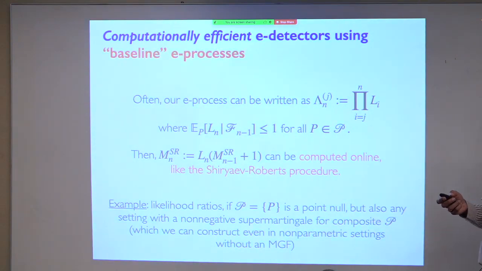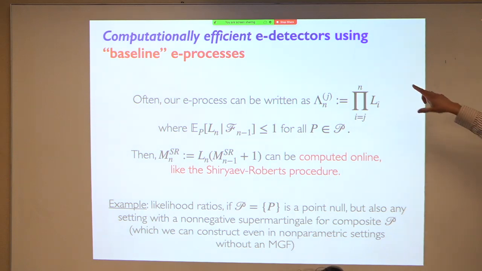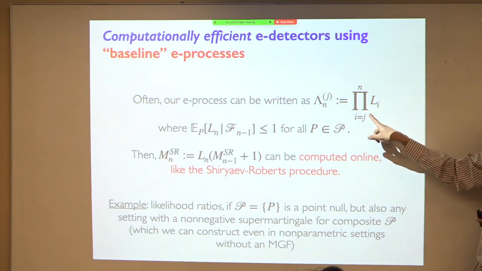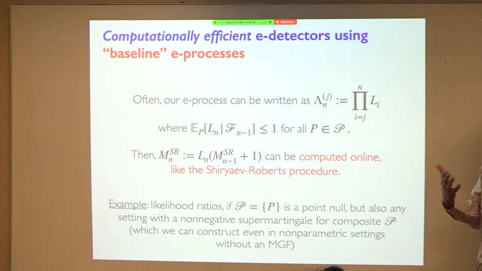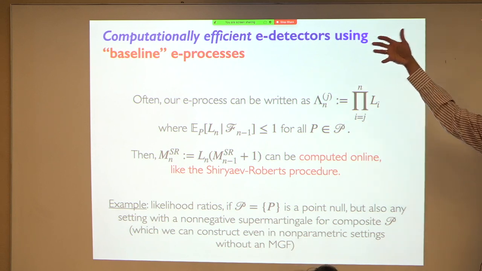It might seem like this e-detector computation is blowing up with t. That is because I'm starting a new e-process at every time t, so I have to track so many things over time. But there are many cases in which you can compute things fast. Often our e-processes can be written as a product of terms, just like the exponential supermartingale structure that we saw in the last class.